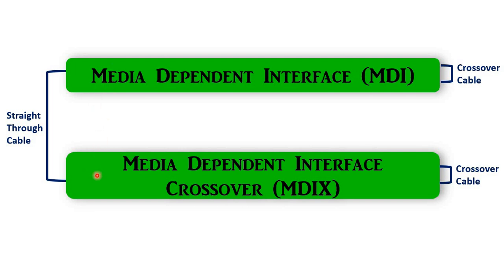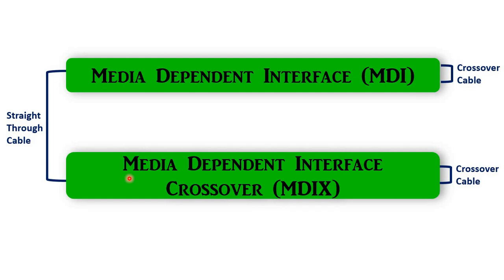The MDI, for Medium Dependent Interface, is the component of the media attachment unit, that is, it provides the physical and electrical connection to the cabling medium. An MDIX, for MDI crossover, is a version of MDI that enables connection between like devices.